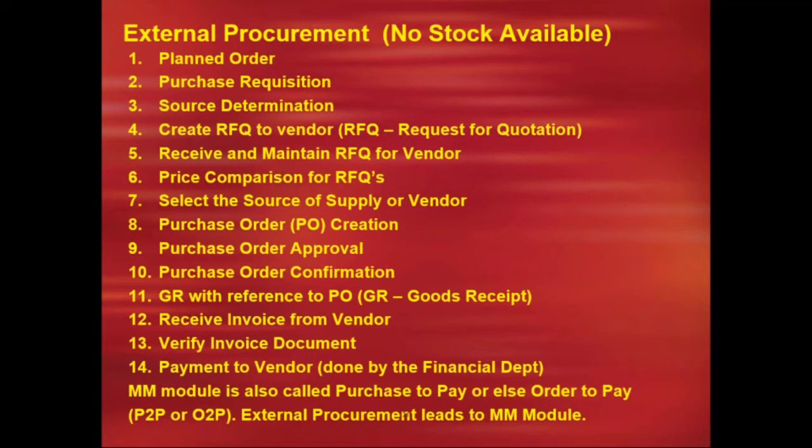Therefore, planning will take place and the order is called a planned order. As the company doesn't have the stocks of raw materials, the company will go for purchase. Okay. So planned order is created.